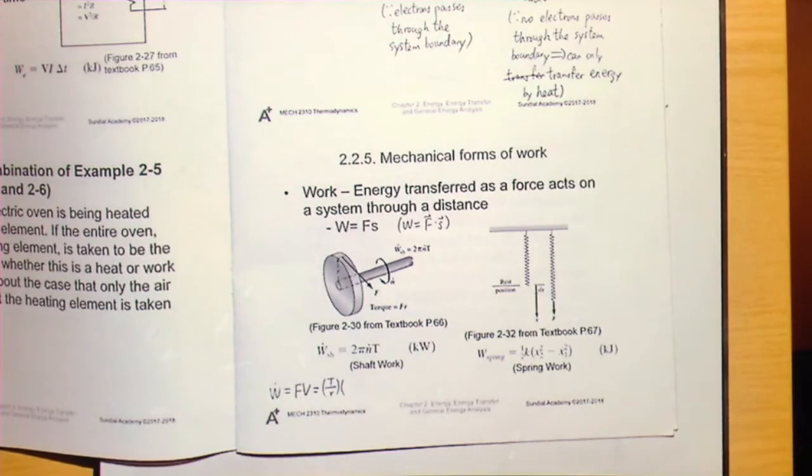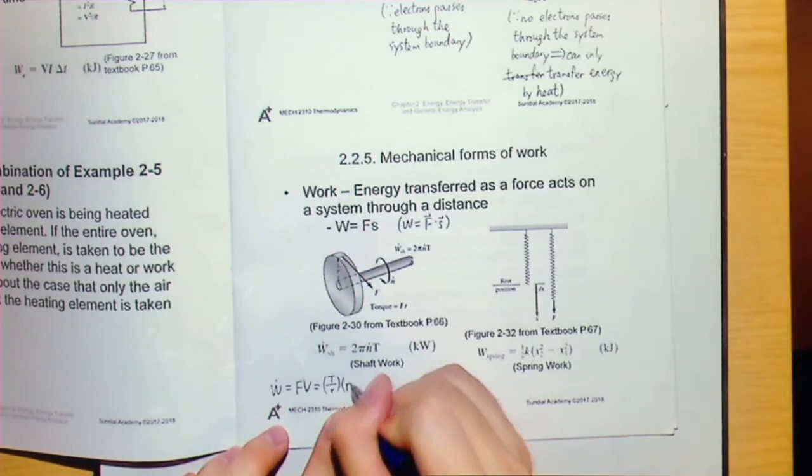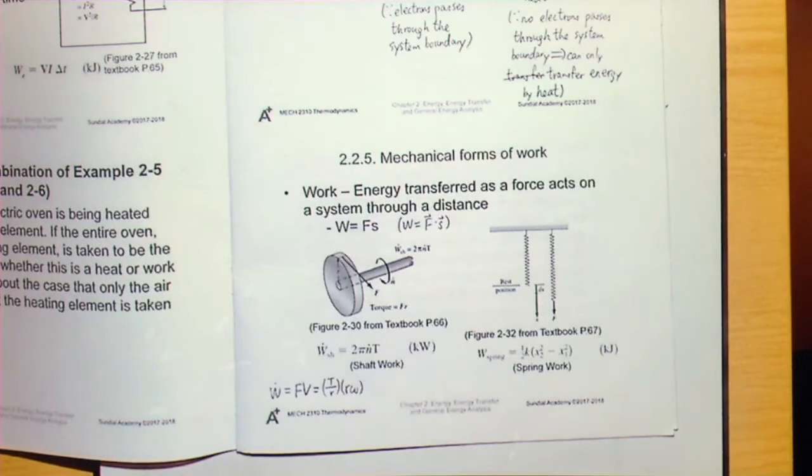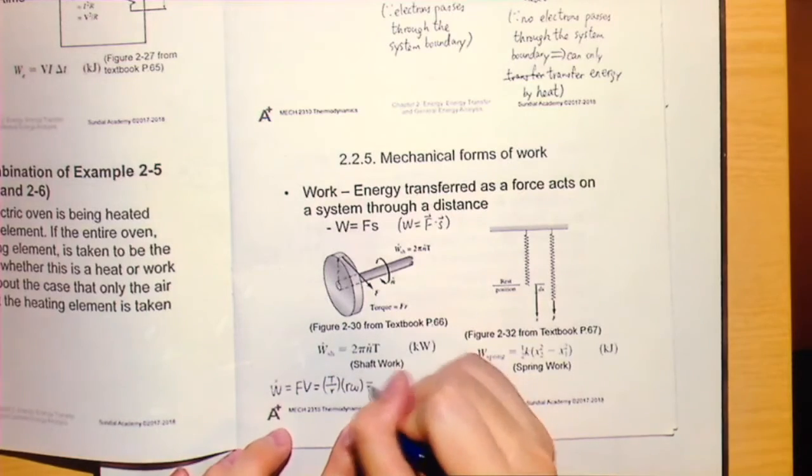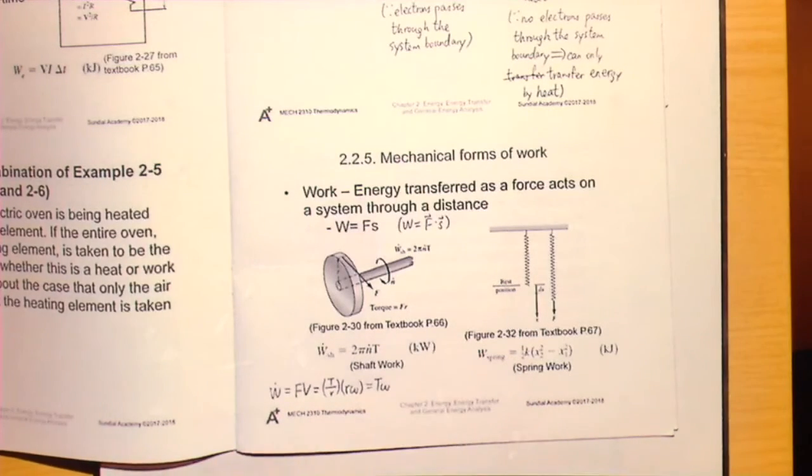And V, using what we have learned in elementary mechanics, is r omega, where omega is the angular velocity. We will later modify this term so it will be equal to T omega. But this omega can be converted.